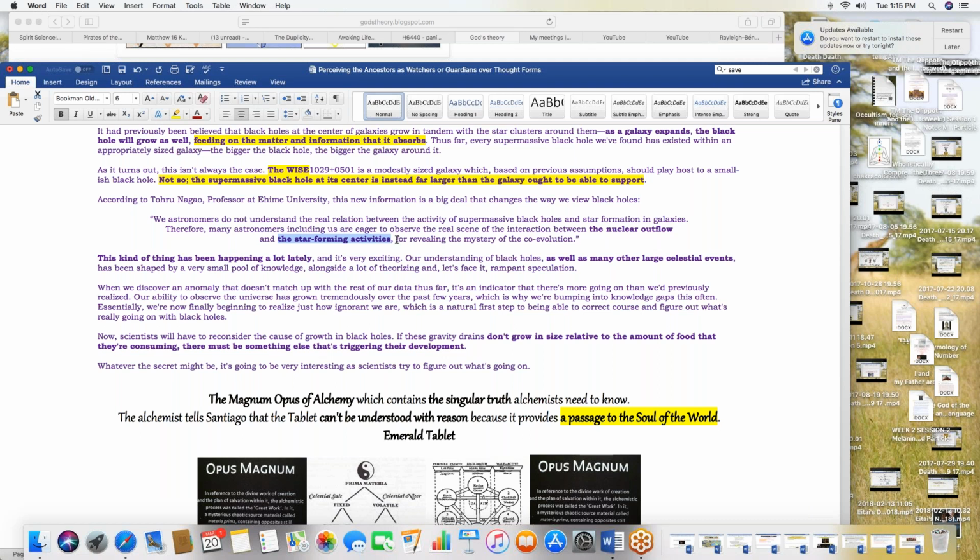And they say for the revealing of what they're calling the mystery of coevolution. We are the mystery of coevolution. We are for signs and seasons, family.